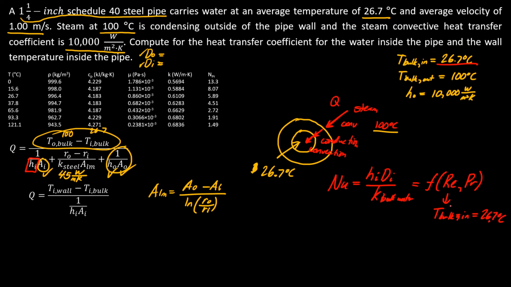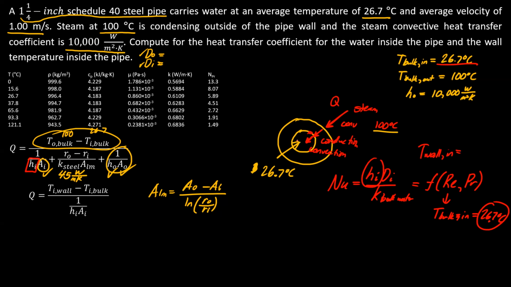Bulk temperature of the bulk fluid inside, which is water. Why 26.7? Because we're interested in obtaining HI, so the perspective should be from the temperature of the bulk water. And also we need to assume the wall temperature here.